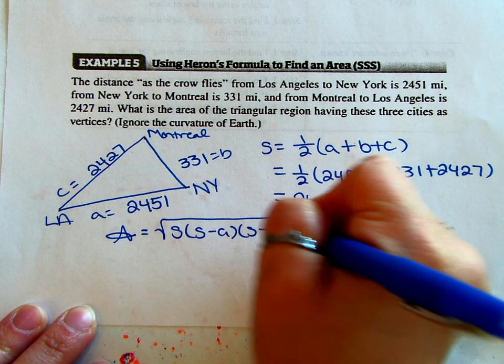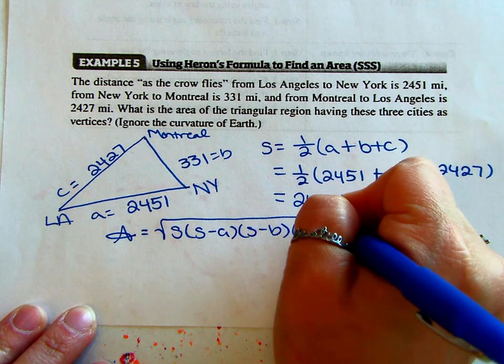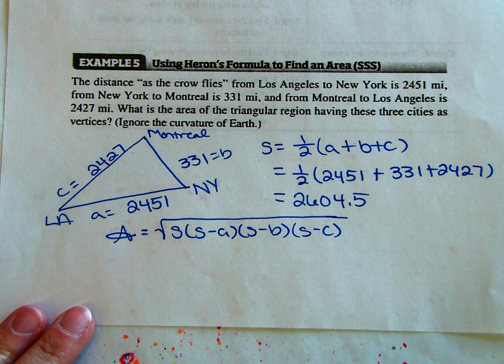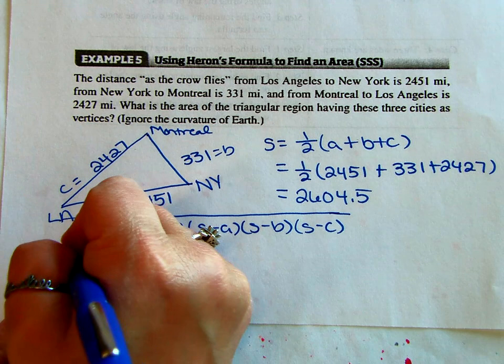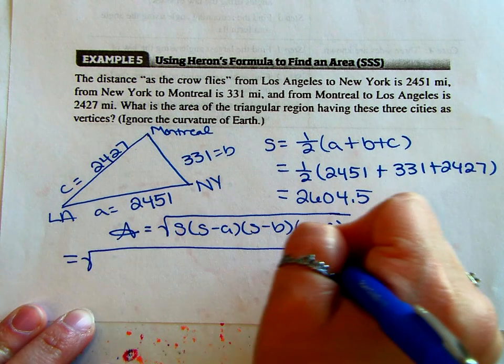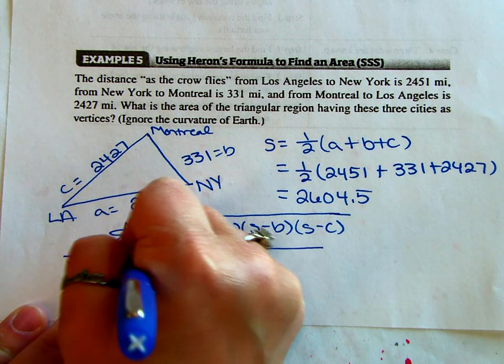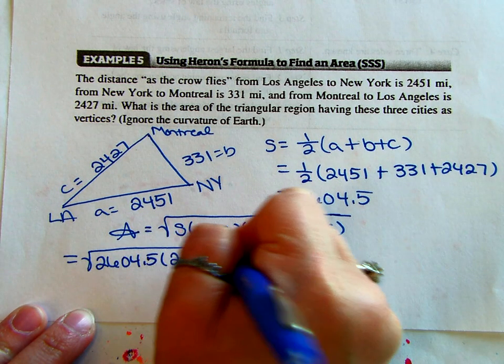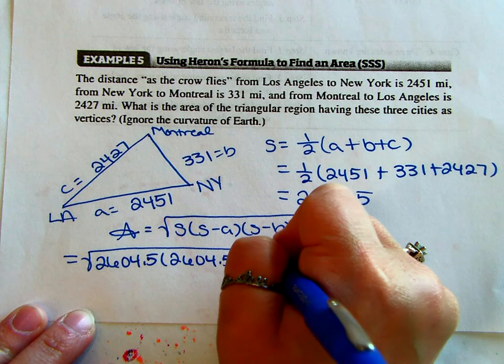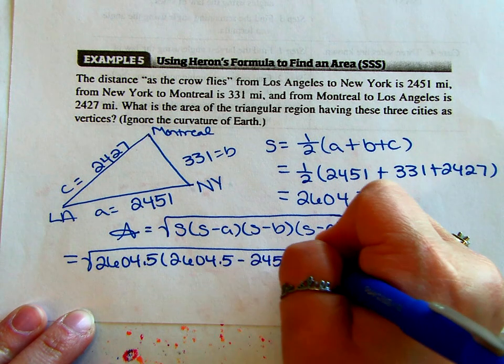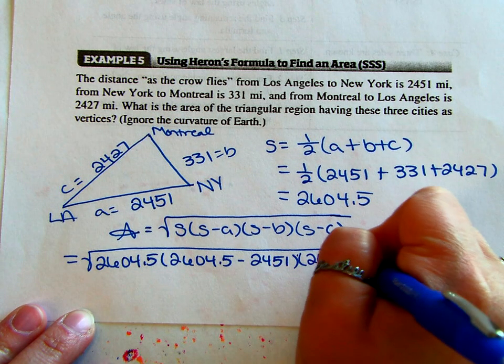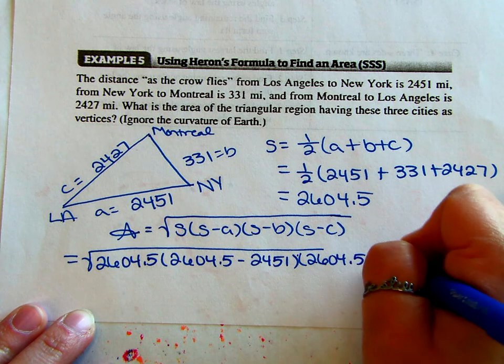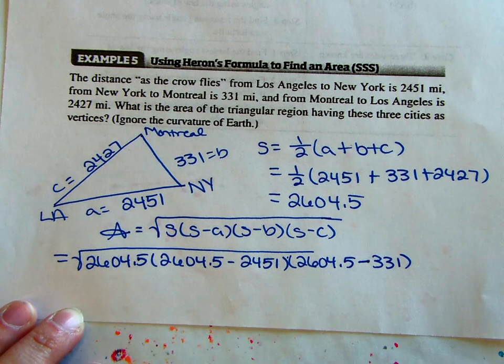So we're going to plug in all the information that we have. 2604.5 times (2604.5 minus...). This gets a little bit long just because your numbers are a little bit long for this problem. So I'm going to jump down. Know that this is still multiplying.